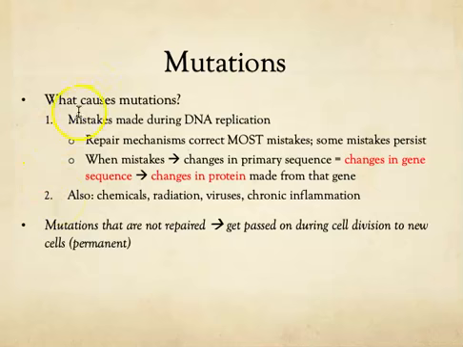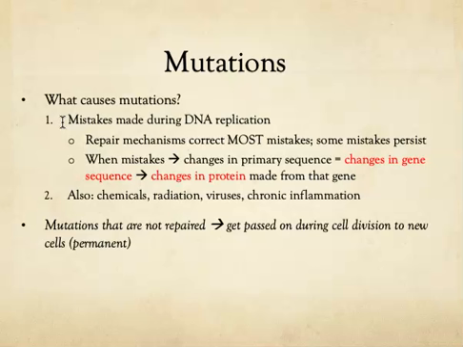But we must remember, too, that DNA gets mutated routinely when DNA replication occurs. DNA replication involves an enzyme, and enzymes make mistakes. They are not perfect. They make mistakes.